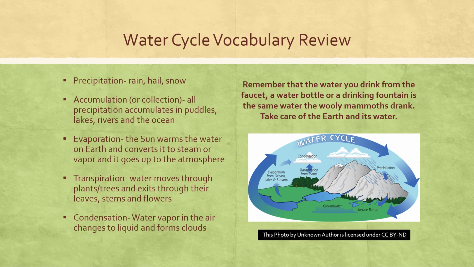Either way, it goes up to the atmosphere. Transpiration, think of the plants. The water moves through the plants and trees and exits through their leaves and their stems or their flowers and goes back up in the air. And last is condensation. That just means that the water vapor in the air changes back to a liquid and forms clouds. And then we start all over again with precipitation, around and around.